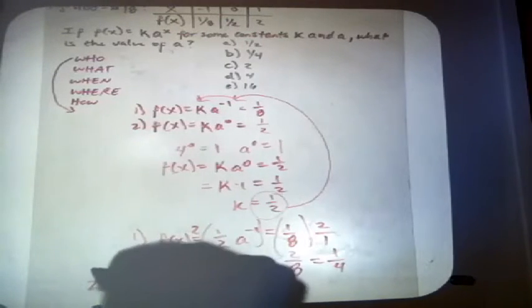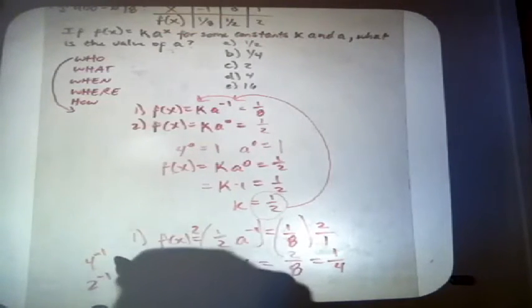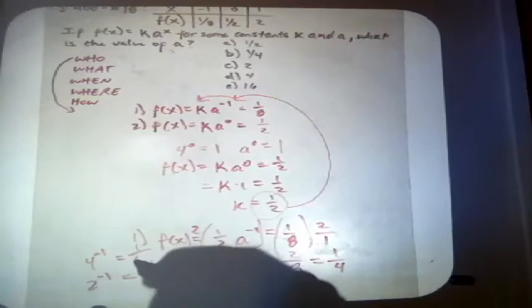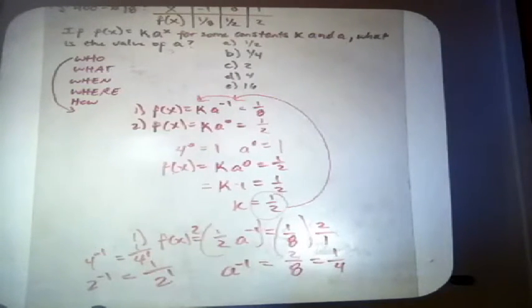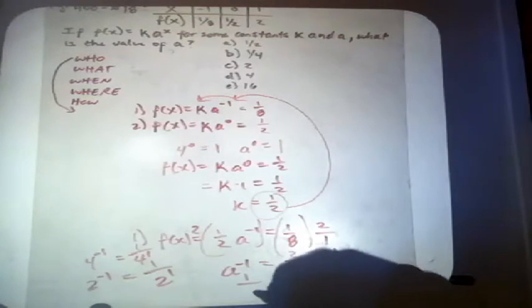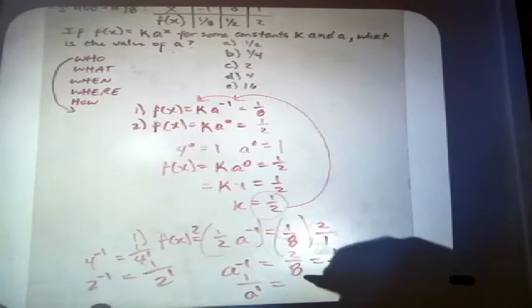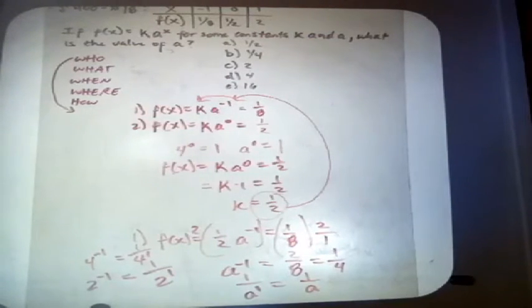On a similar token, 4 to the power of -1 is the same as, well, you can probably guess, 1 over 4 to the power of 1. So I can always rewrite something with a negative power as a reciprocal with a positive power. So I can rewrite a to the -1 as 1 over a to the 1, which is just 1 over a. Anything to the power of 1 is just itself.